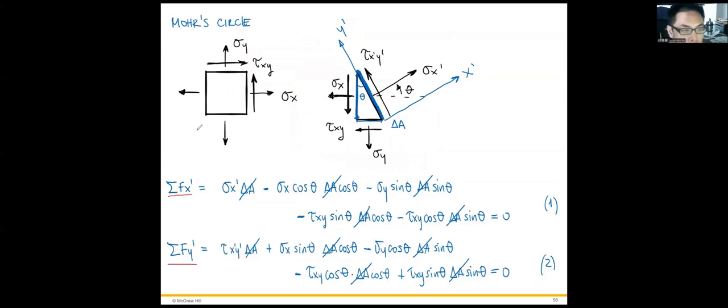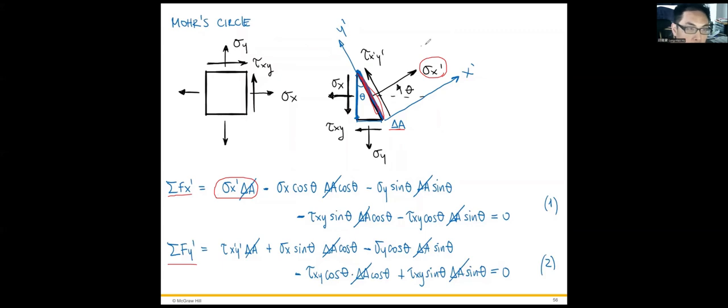So the force applied to the surface of this element, sigma x prime, is applied perpendicular to this surface delta A, right? Therefore, we just use sigma x prime multiplied by the surface, and we get the force along the x prime direction.